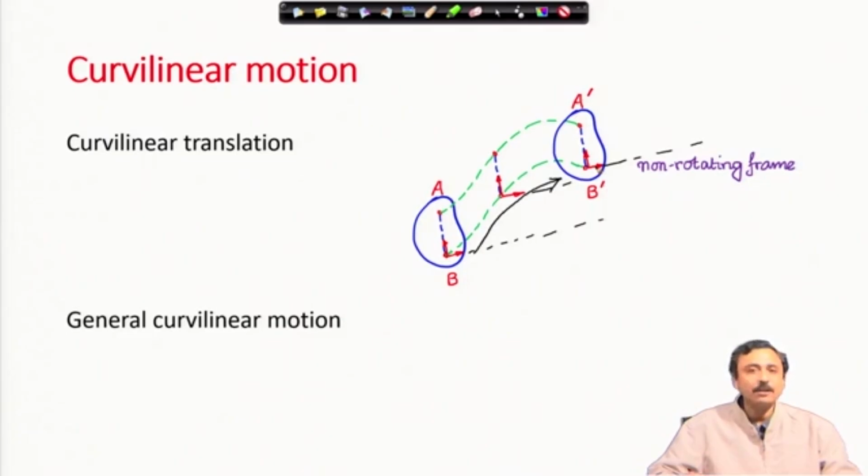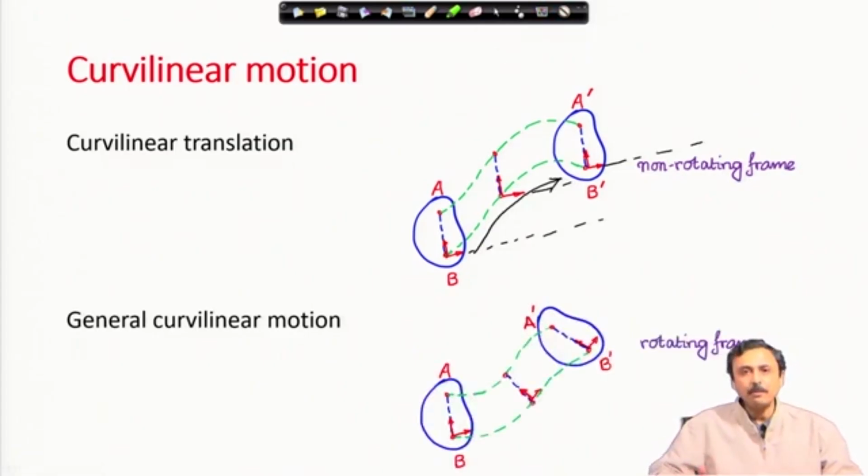This is a kind of translation. It is curvilinear, but it is translation. Why translation? Because it is not rotating. Whereas a general curvilinear motion comes with translation as well as rotation. This is a general curvilinear motion which has a rotating frame. The path is curved, of course, and the frame is also rotating.